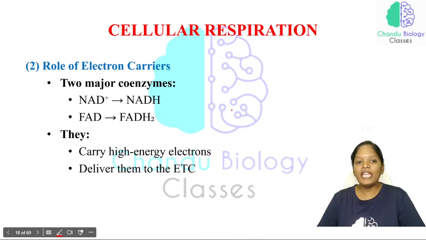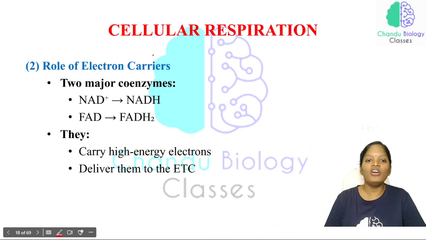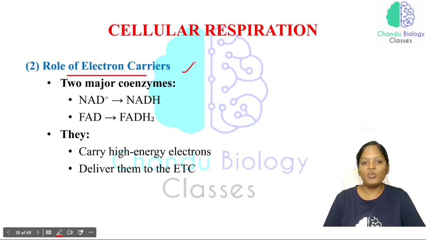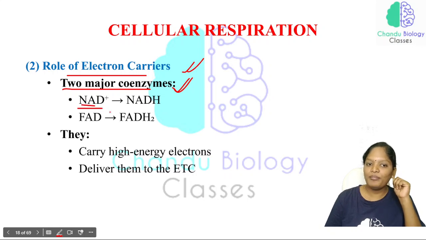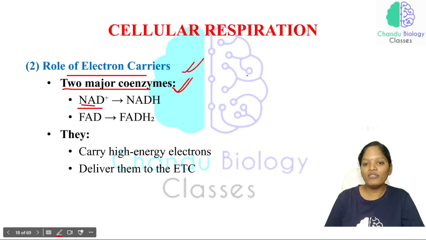Now, the second important topic is the role of electron carriers. What are the important functions of these electron carriers? There are two major coenzymes acting as electron carriers. See, NAD plus. Whenever you find any plus or minus in any molecule, that is an oxidized state.